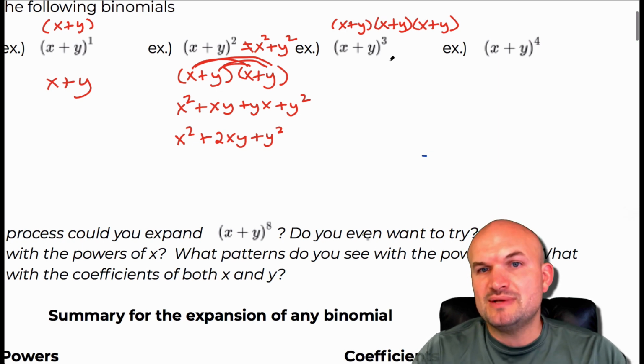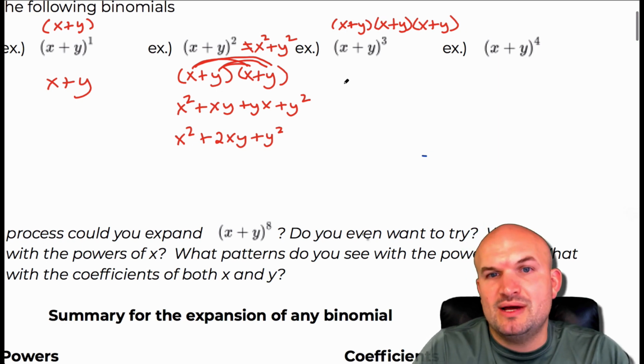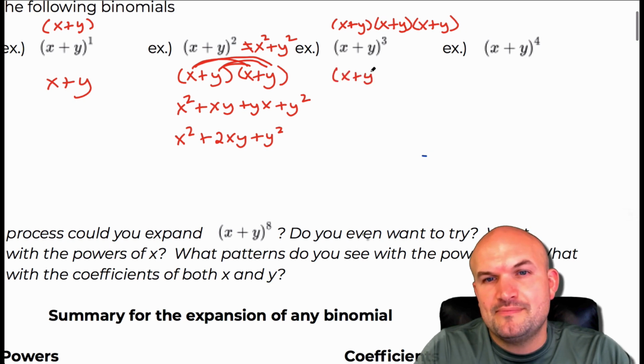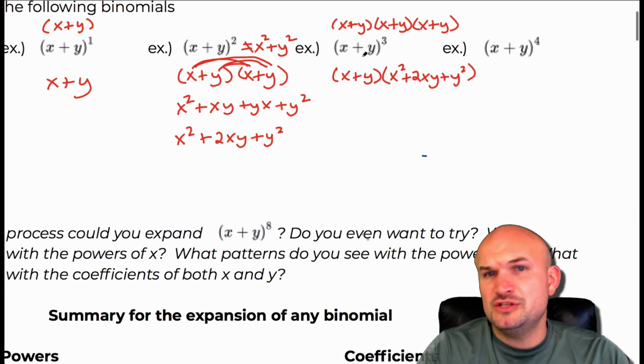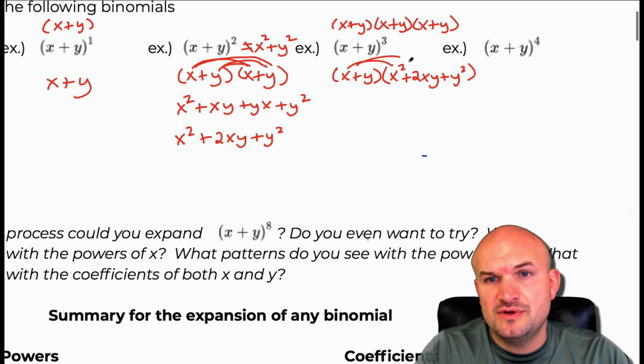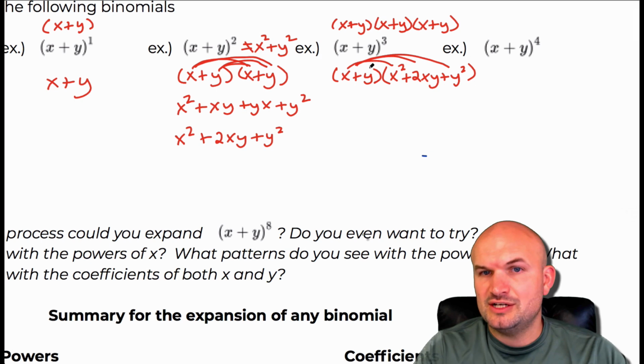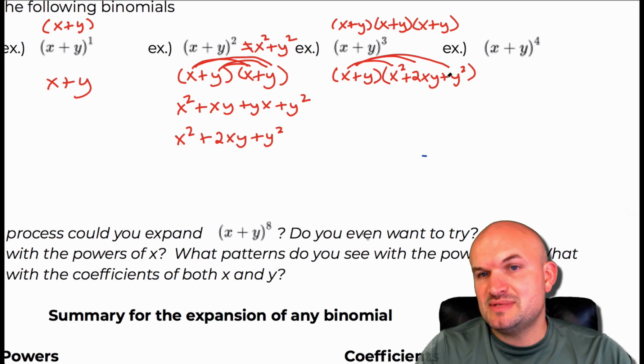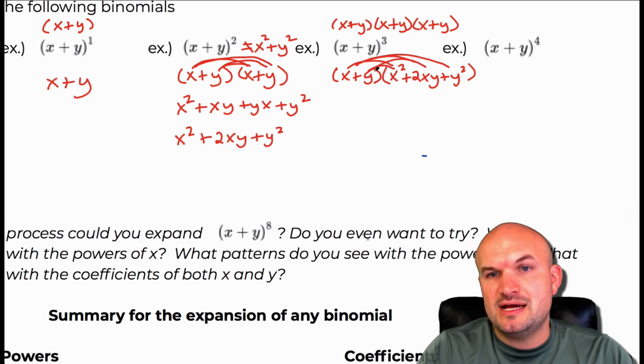So all we need to do now is multiply by x plus y again. I'm going to write this as x plus y times x squared plus 2xy plus y squared. Again, I'm just going to use the distributive property because it's fairly basic: we multiply the x times every term and then the y times every term.